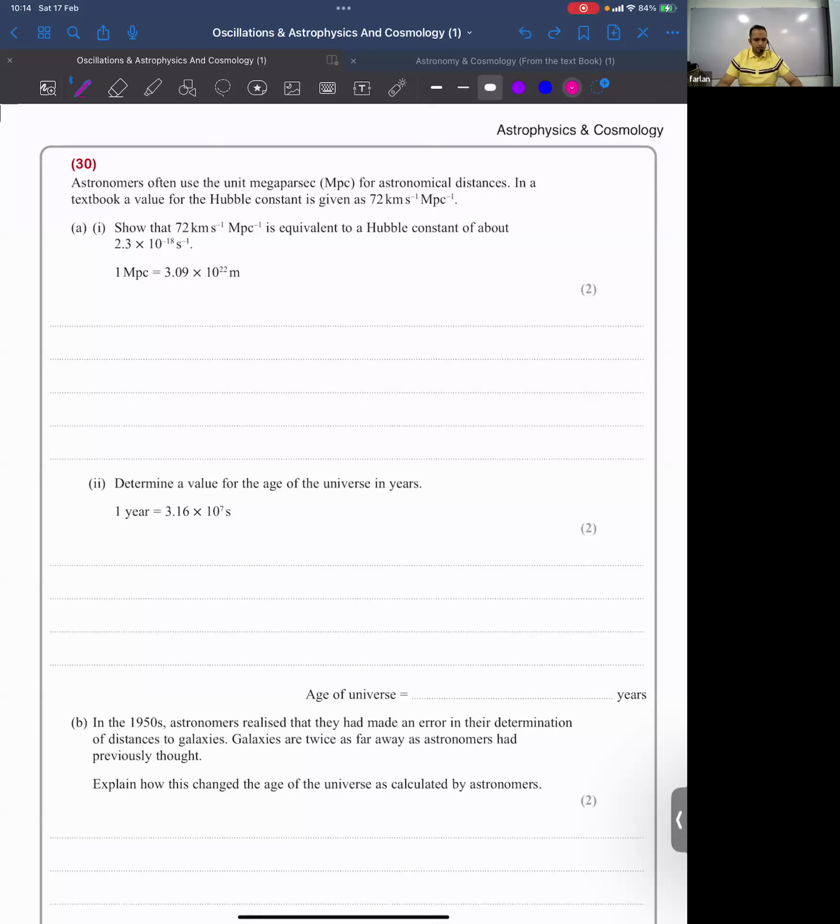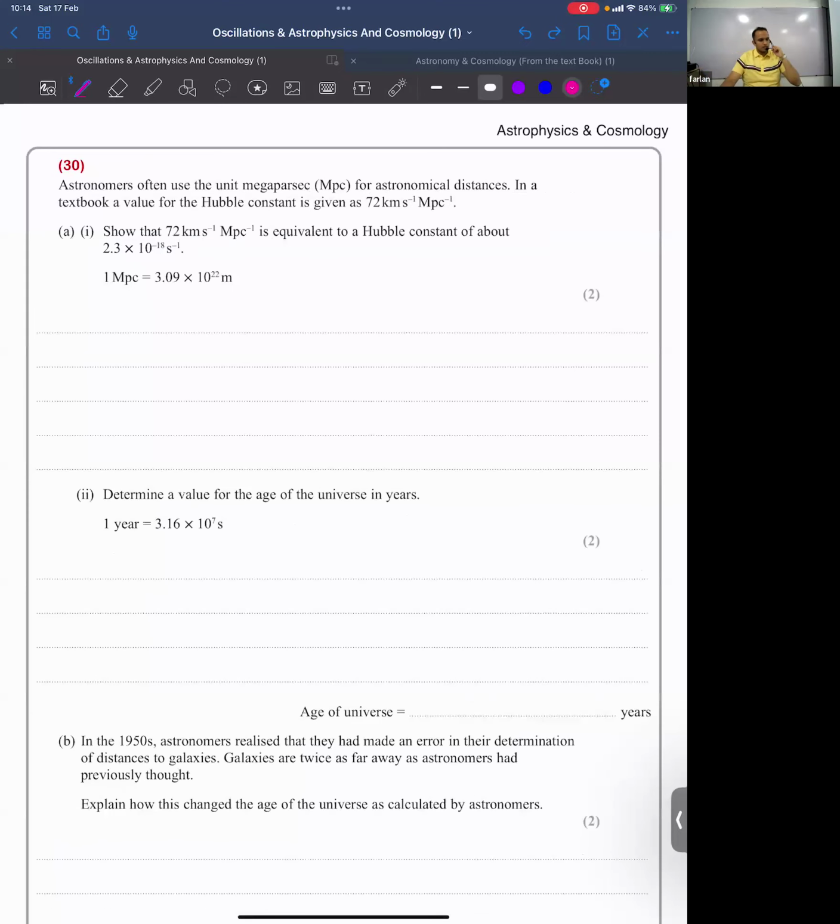Page 52, question 30. Read the question.